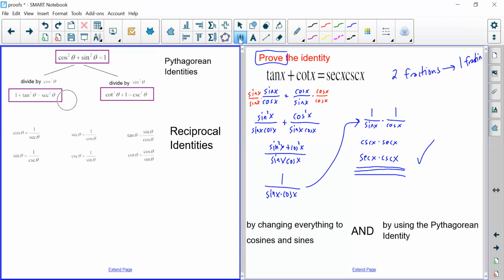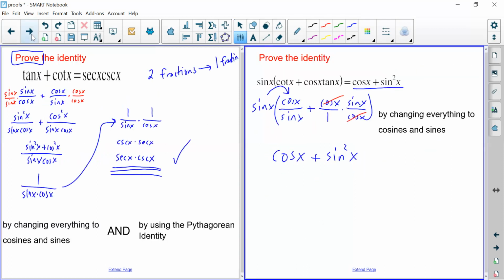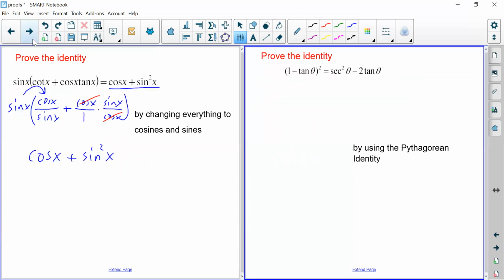I would be shocked if using that isn't going to be helpful, because we've got tangents and secants all over the place over here. So it's so tempting to use that. I'm just going to write it down just so I don't forget. 1 plus tangent squared equals secant squared.